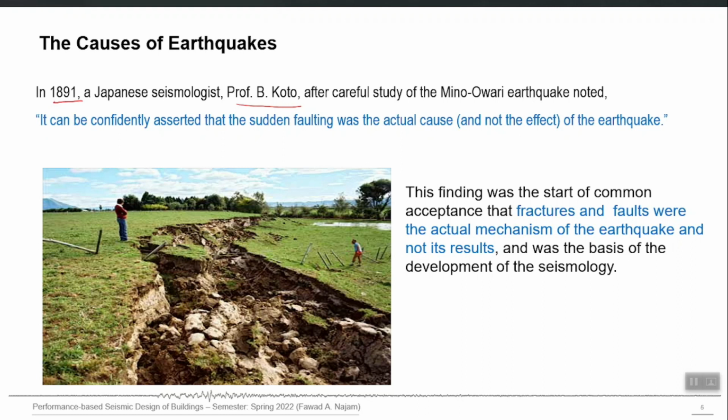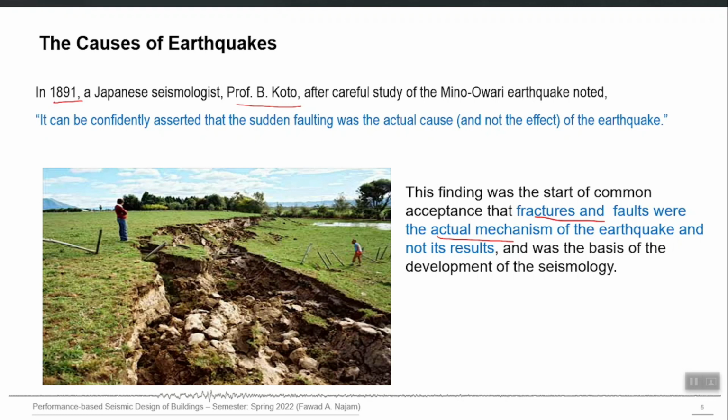Prior to that, it was generally assumed that these deformations are the result of earthquakes, right? So this was the start of common acceptance that fractures and faults are the actual mechanism of the earthquake and not its result.